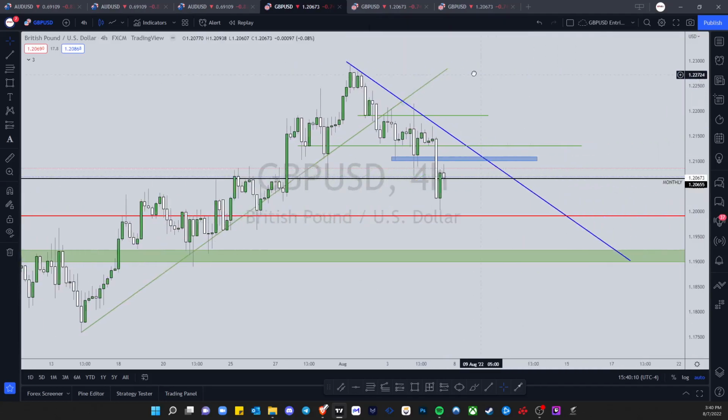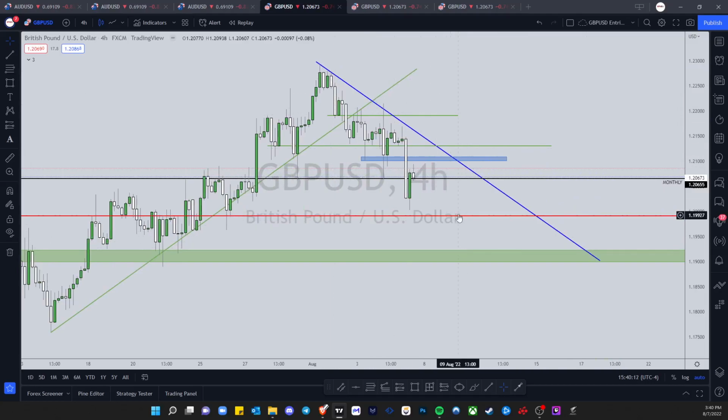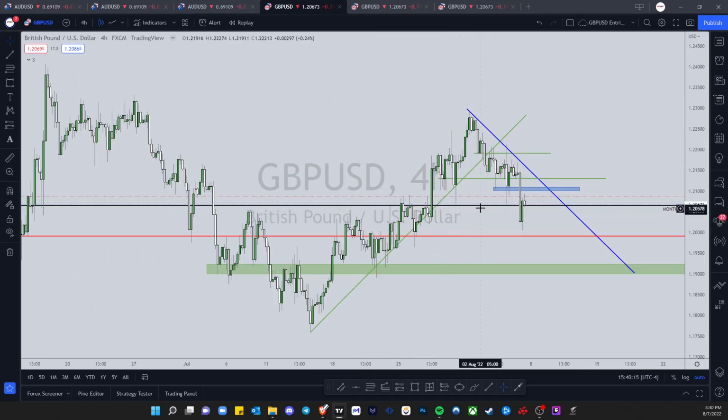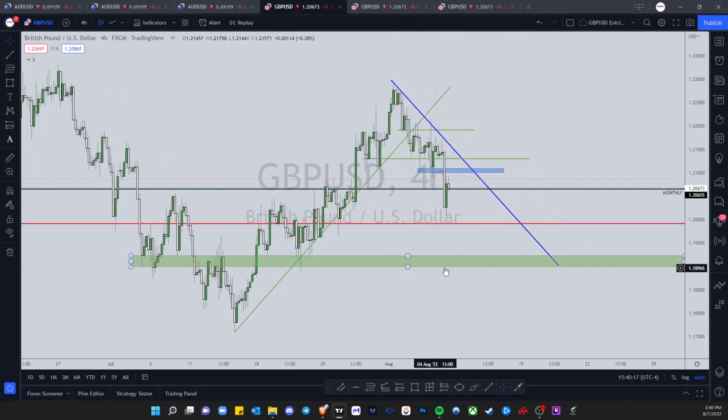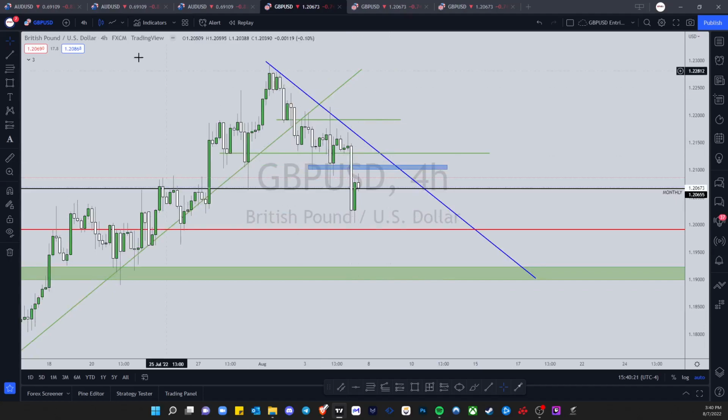On H4, right? So the only thing we're looking for right now is for it to find support again, right? Once it finds support, we need it to break the higher high that it made after it found that support.